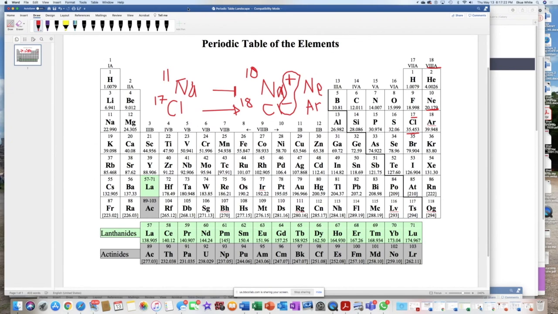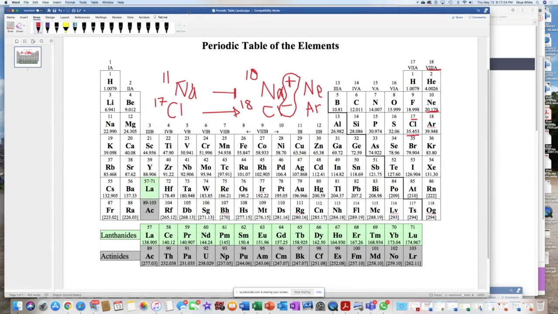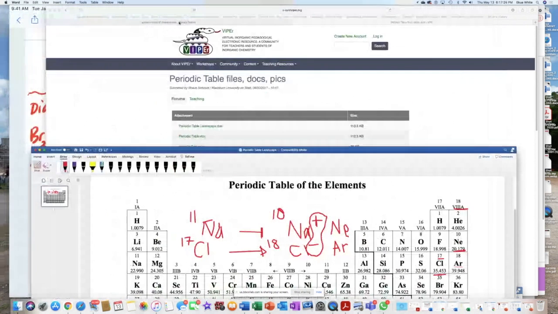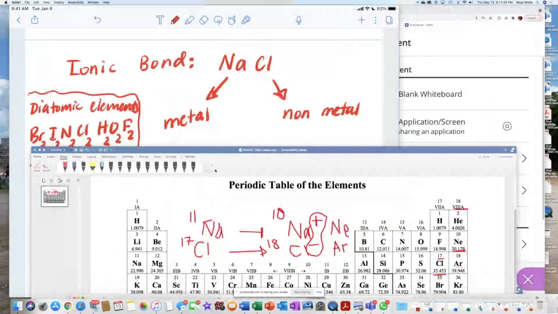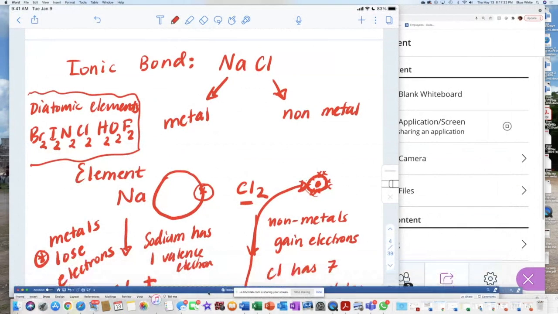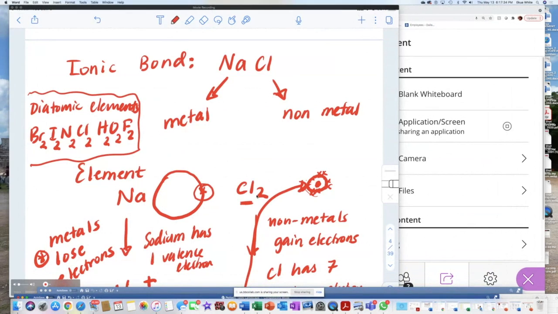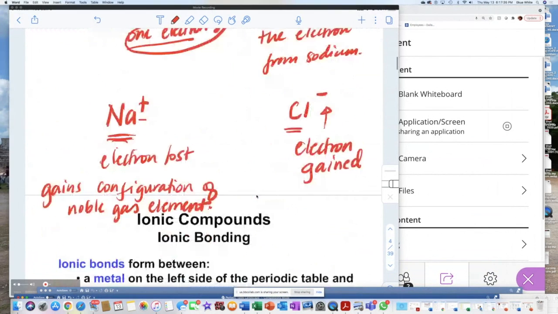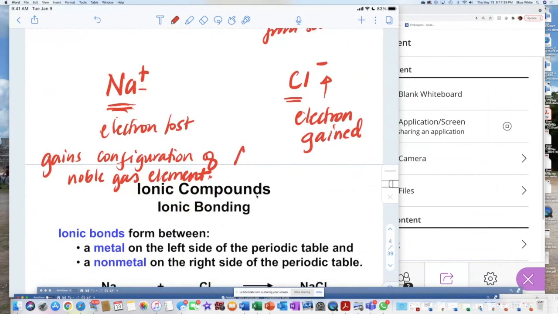They're now drawn to each other by the opposite charge. So sometimes you will see documents out there referring to the ionic bond as an electrostatic force of attraction. All they're saying is the oppositely charged elements got together and they formed a bond. Okay, so Na attracts Cl and they form the compound.